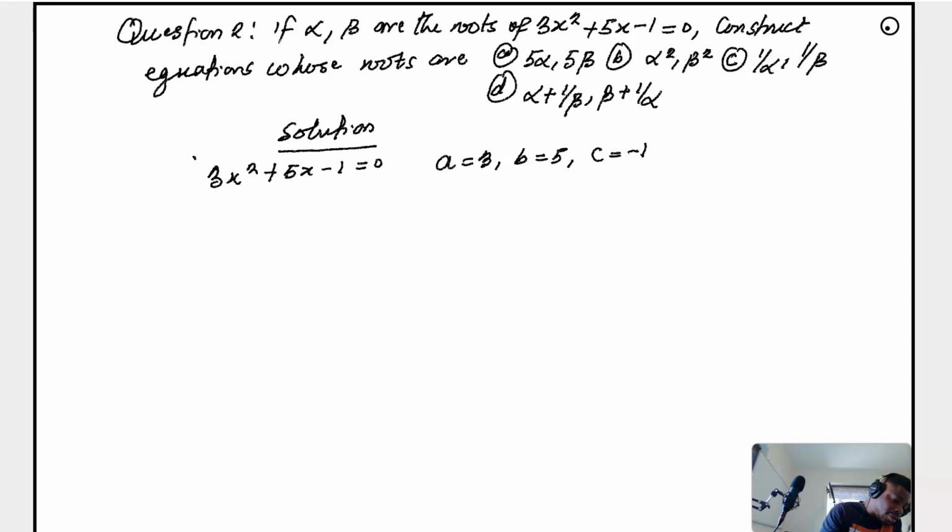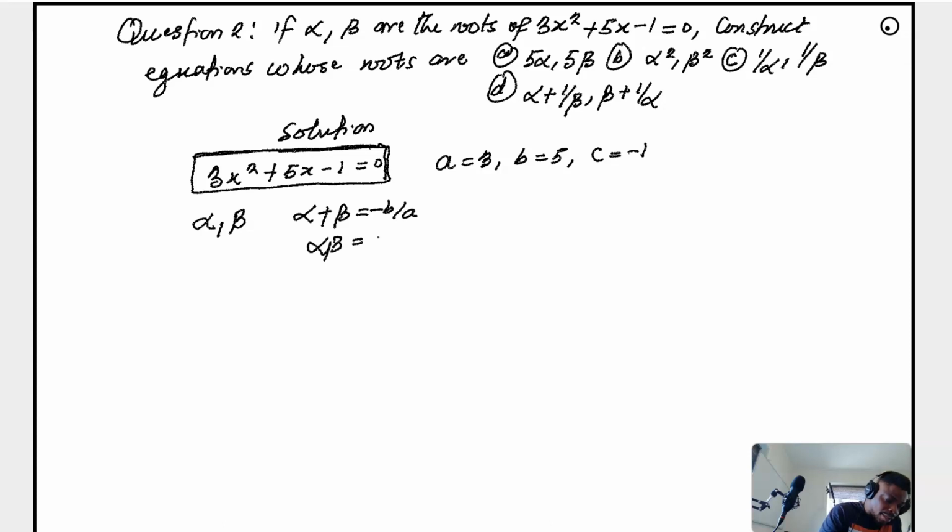And for this quadratic equation, we were told that the roots of this quadratic equation are alpha, beta. So definitely, alpha plus beta is minus b over a, as we know. Alpha beta is c over a. So let's get alpha plus beta. Alpha plus beta is minus 5 over 3. Alpha beta, which is c over a, that is minus 1 over 3.